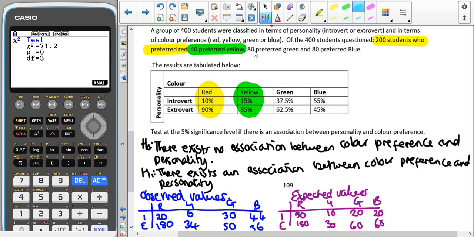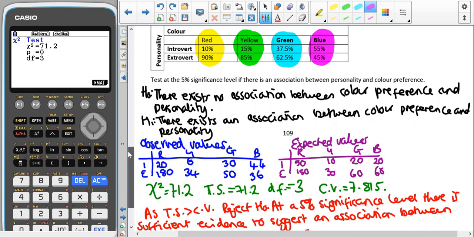Then we have 80 prefer green, so we have 0.375 times 80, which gives us 30, and 0.625 times 80, which gives us 50. And then finally, 80 prefer blue, so we have 0.55 times 80, which gives us 44, 0.45 times 80, which gives us 36.